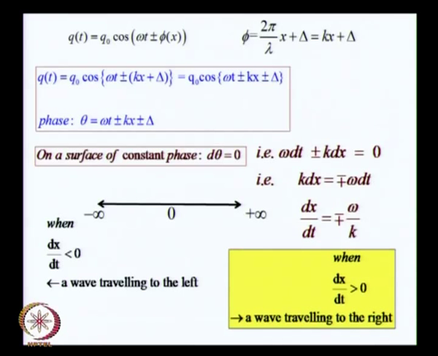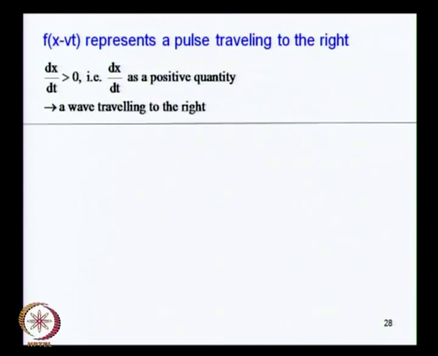So, dx by dt is what tells us the direction in which the surface of constant phase is travelling, and this is how you recognize whether a wave motion is travelling either to the left or to the right, and this is true for any function which is not just a cosine function, it could be some arbitrary function.